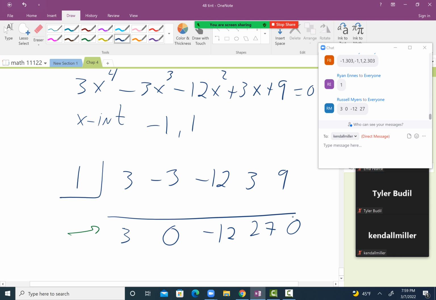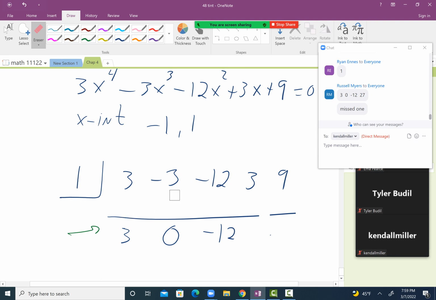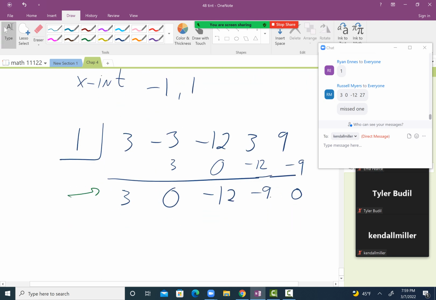That can't be. I must have something wrong here. The second one's -6. So this is 3. 1 times 3, that's 3, 0, -12, -12, -9, -9, and 0. Yeah, that's okay. We got it.